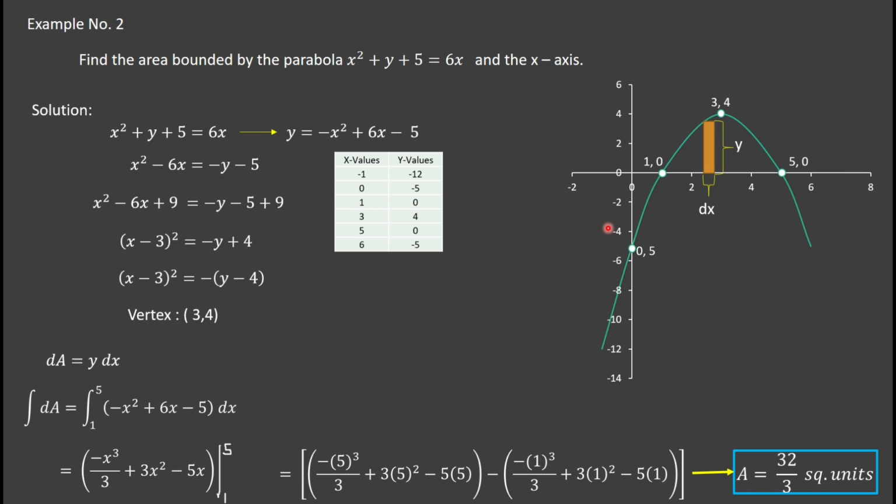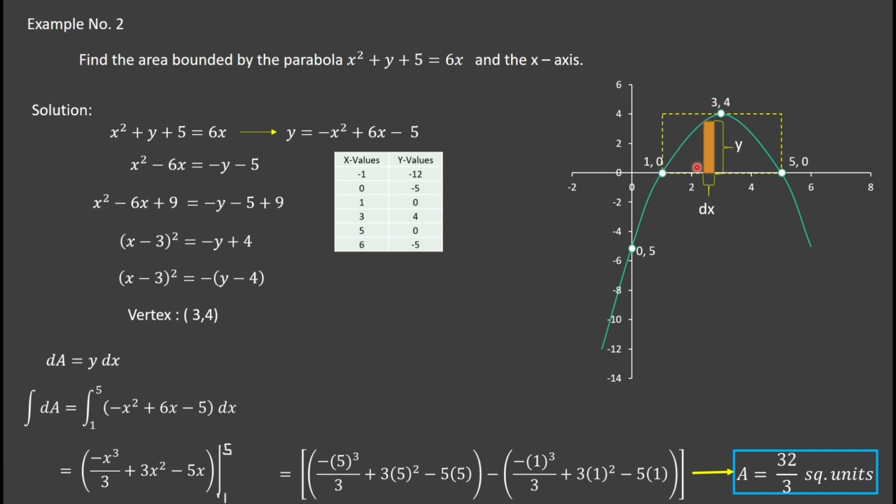To check by the use of the area of the parabolic segment, that is equal to 2/3 of the area of the circumscribing rectangle. To check our answer, we can indicate the rectangle here.